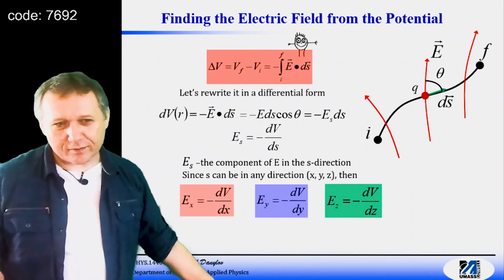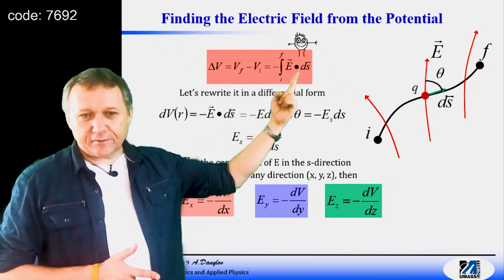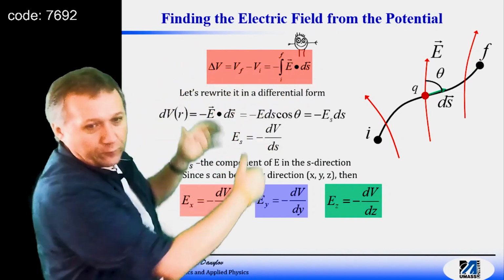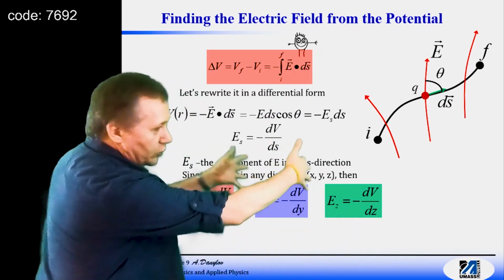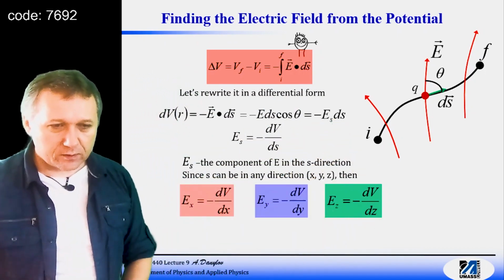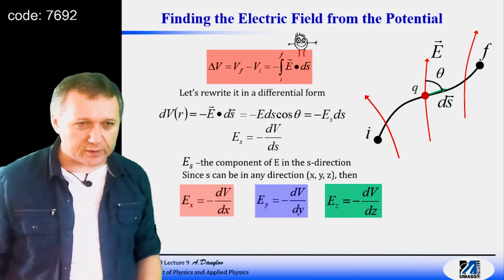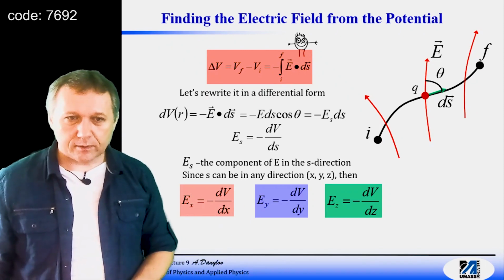And let me ask you this. How come that in order to move from the electric field to the potential, we had only one formula? You see this, one formula. But in order to move back, we have 1, 2, 3 formulas. What's the discrimination, right? This way, one formula, this way, three formulas. How come? And the answer is very simple.